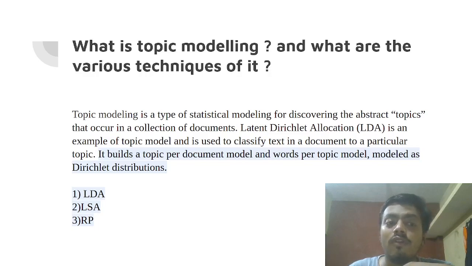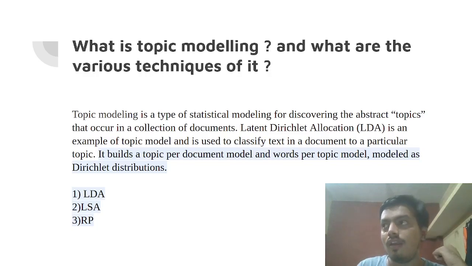Then the next question was, what is topic modeling and what are the various techniques of it? Topic modeling is basically a statistical technique used in NLP for coming up with topics which would be a representation of the documents. For example, if you have a corpus of news articles of India of the past 3 years, and your entire target is to come up with what happened in the news in the last 3 years in India.